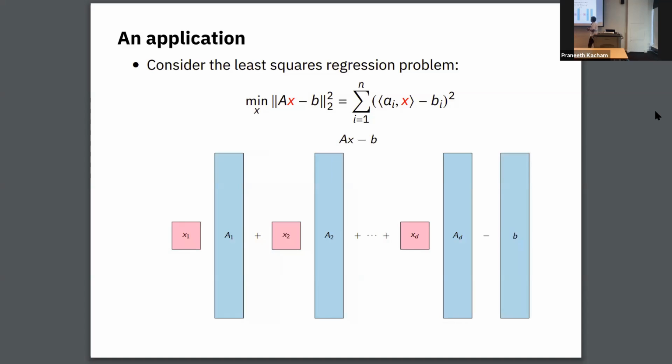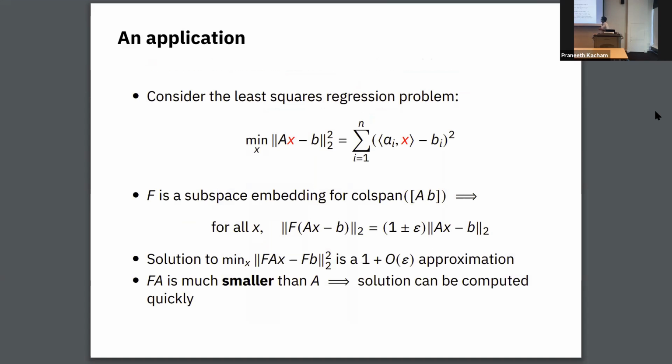So note that for any particular x you are given, Ax minus b lies in the column space of A appended with a column b. I wrote it up in terms of its columns. So for any given x, this particular vector lies in the span of a1 through ad and b. So suppose F is a subspace embedding for this particular subspace, that is, the column space of A adjoined with b.